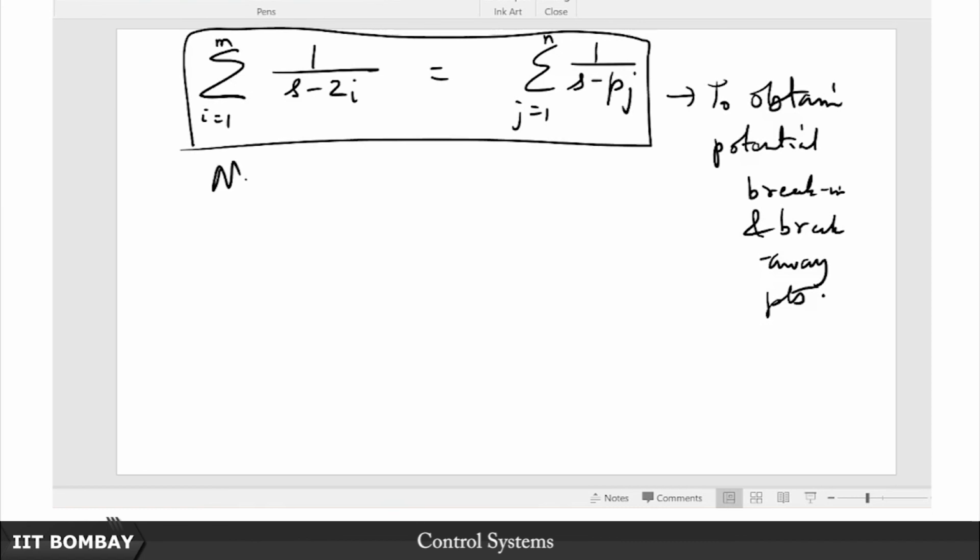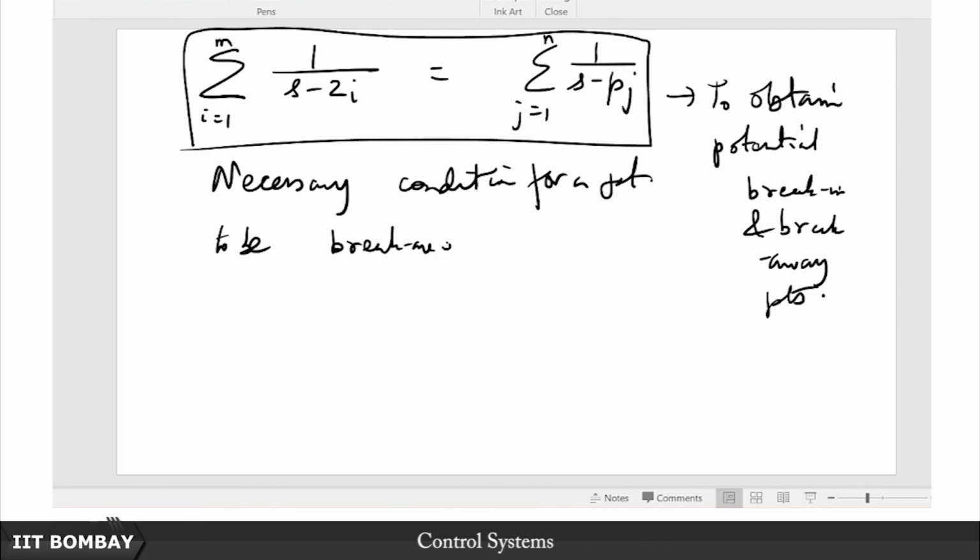So this is only a necessary condition for a point to be a breakaway or break-in point. But thereafter, you have to check whether that point actually satisfies the angle criteria.